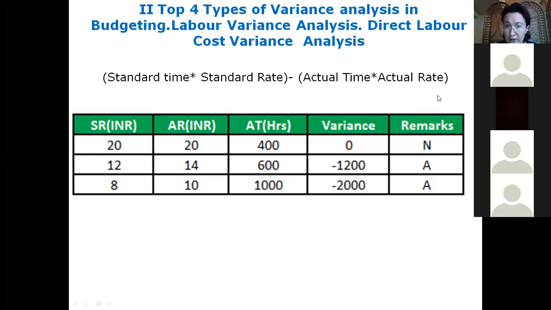Standard rate and actual rate, we know these figures. These figures are in our conditions. And standard time and actual time we have calculated on our previous step. And using this logic, we are getting the direct labor cost variance.